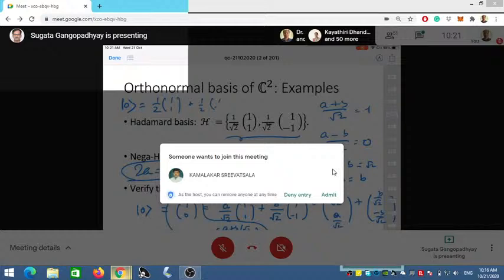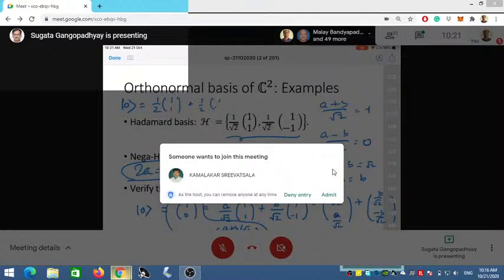Now that means that 1 by root 2 times a plus b equals 1. Looks like I'm fine. And then, oh yeah, okay, I have understood the trouble. Yes, it's all right.